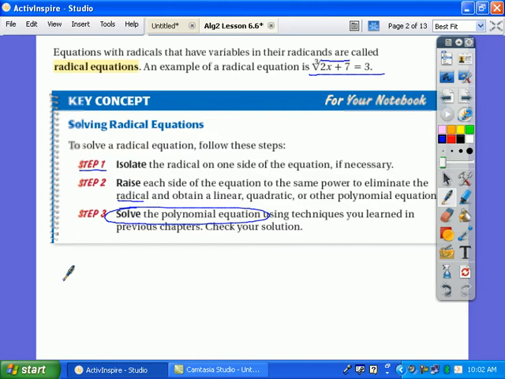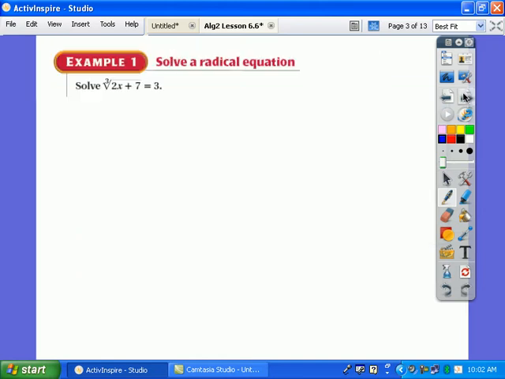Okay, so here's our approach. Let's get an example under our belt. So here we have the cube root of 2x plus 7 equals 3. Okay. So let me rewrite it. So how do I undo a cube root? Cube both sides.